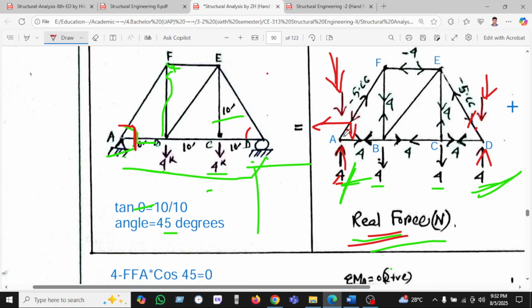This member is an inclined member, so it will be divided into two, one vertical and one horizontal. As the vertical member is 4, that's why we are taking the vertical member.